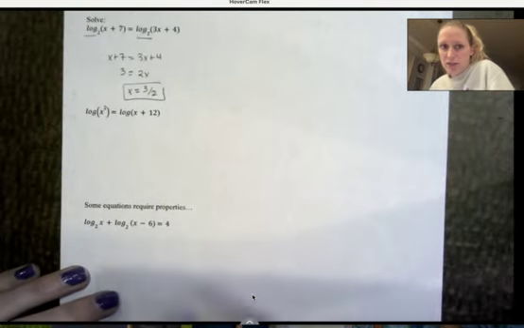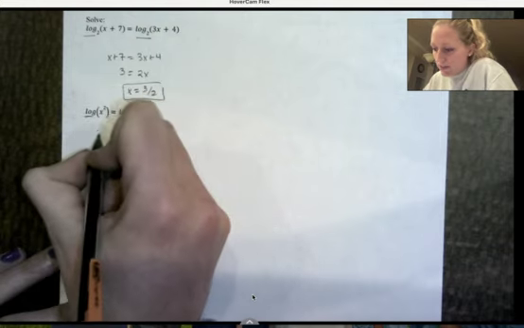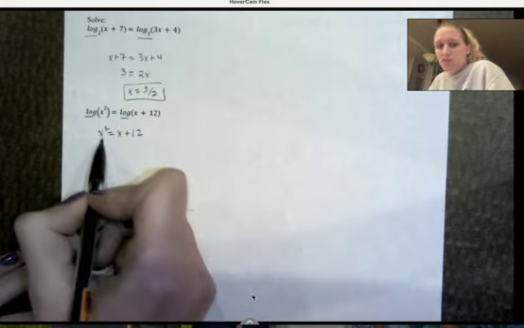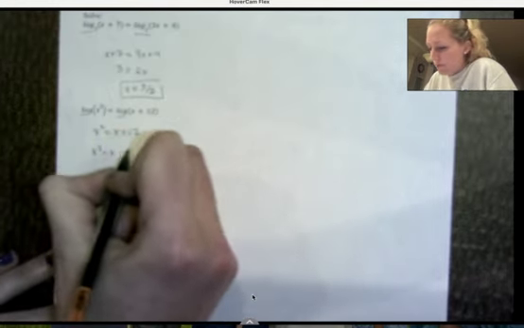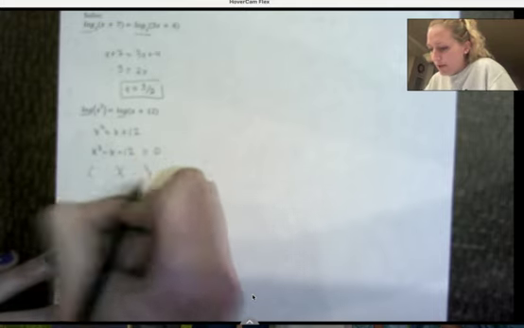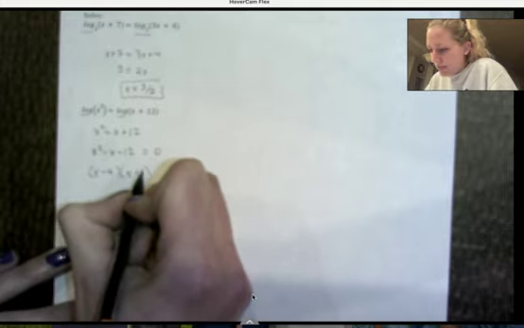All right, here I have x squared, right? My bases match, so I'm going to say x squared is equal to x plus 12. This is a quadratic, so I'm going to set it equal to 0. And this one factors nicely. Numbers that multiply to be negative 12, that add up to be negative 1: negative 4 and 3.